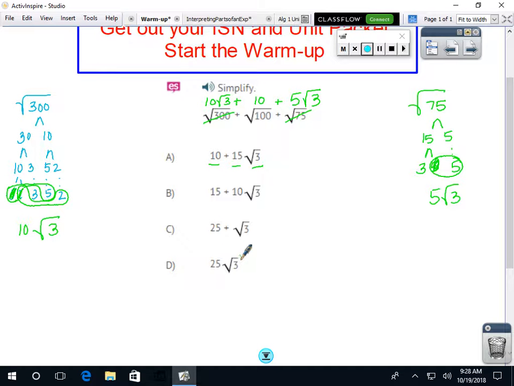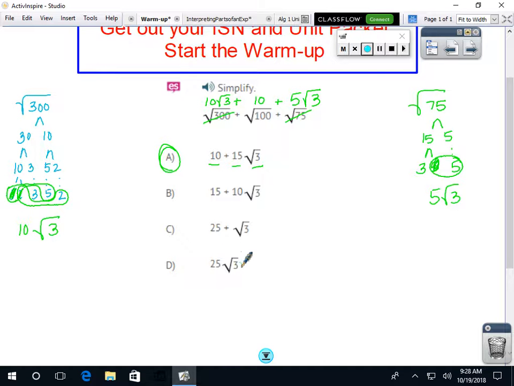Now, can anybody tell me how I could have got that answer a long time ago? Okay, that is one option. You could have just typed this in, got the decimal version of it, and then typed in each one of these and saw which one matched.